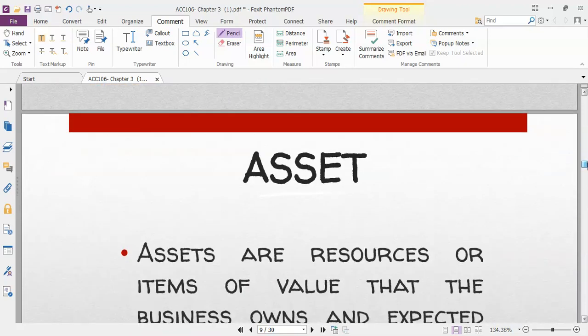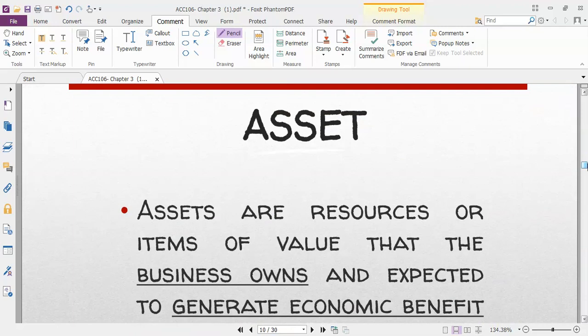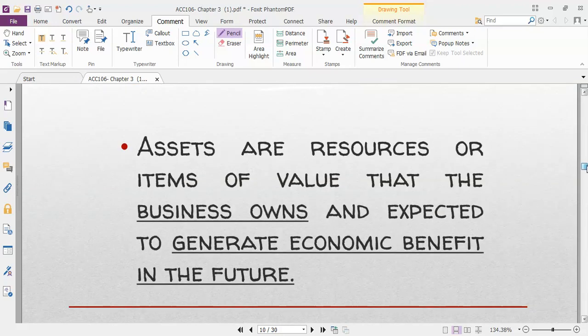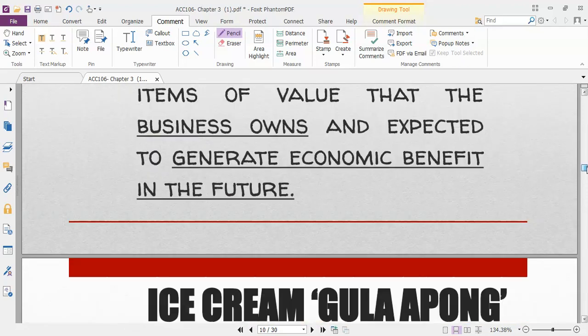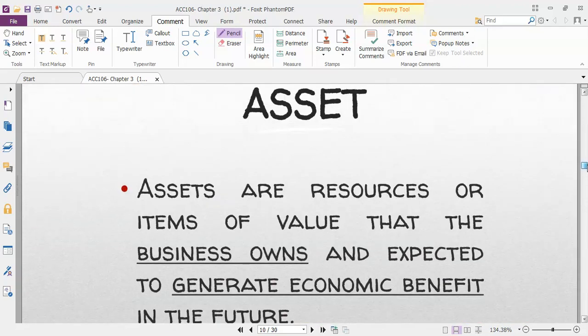Okay. But then, let's look at the theory parts of asset. Okay, apa asset tu dia kata? Assets are resources or items of value that the business owns and expected to generate economic benefit in the future.